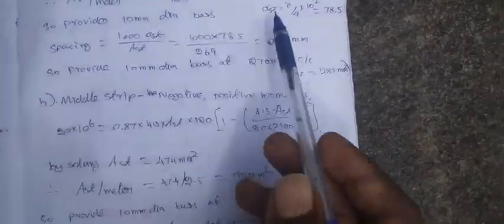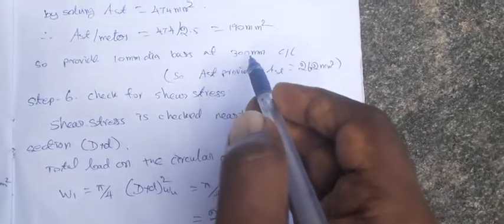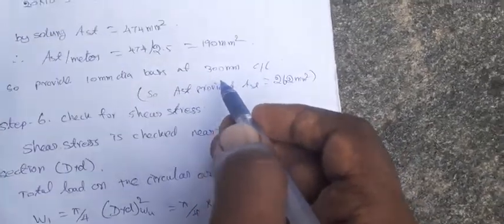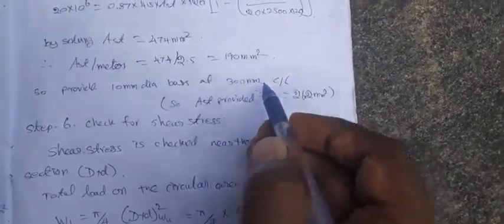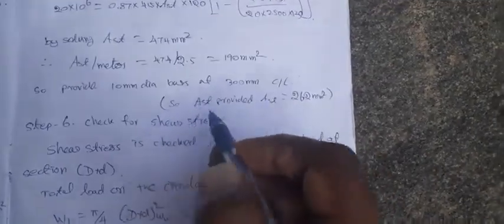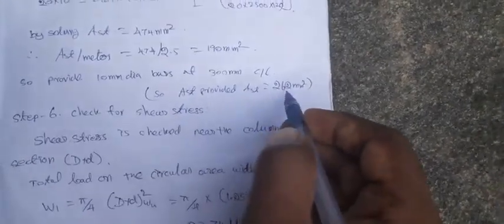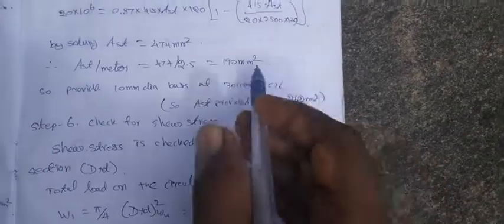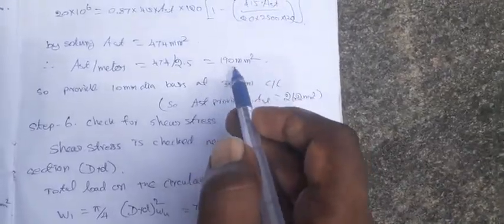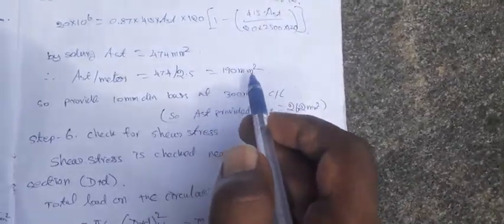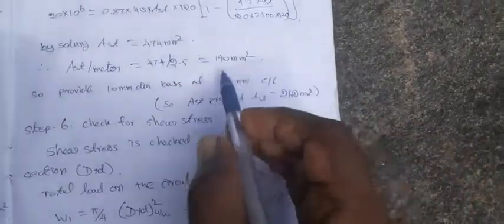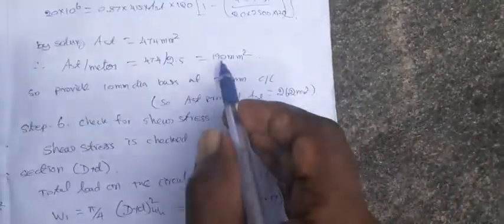If you find the spacing like in the previous cases, its value comes to more than 300 mm, so I am providing 300 mm center to center. Its Ast provided is 262 mm square, which is greater than the required Ast of 190. So 262 is more than 190.